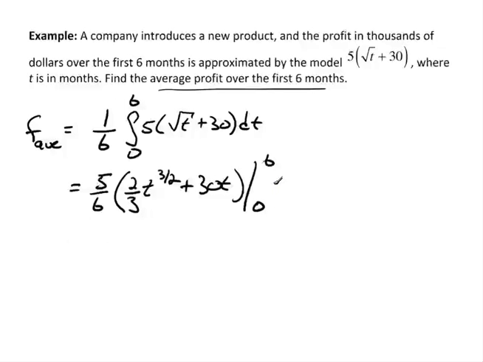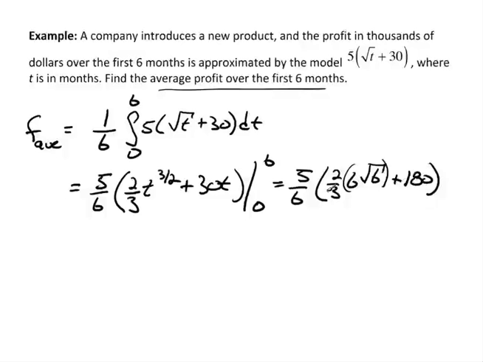So this will be 5/6 times 2/3. Now 6 to the 3/2, that's the square root of 6 cubed, which is going to be 6 times the square root of 6, plus 6 times 30 is 180.